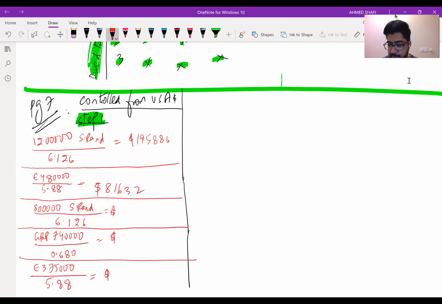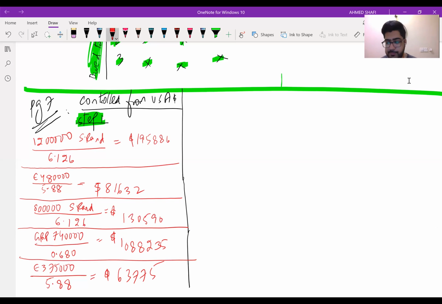Then 800,000 South African rands divided by 6.126 is $130,590. 740,000 divided by 0.680 is 1,088,235.63.